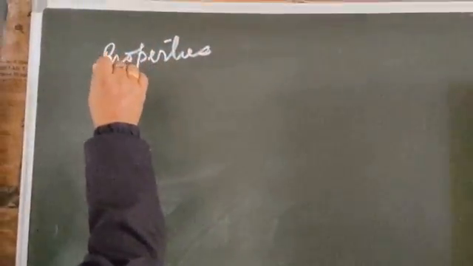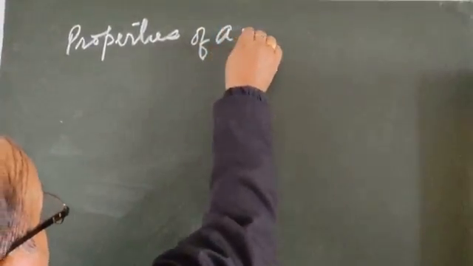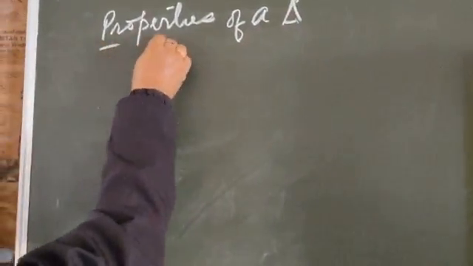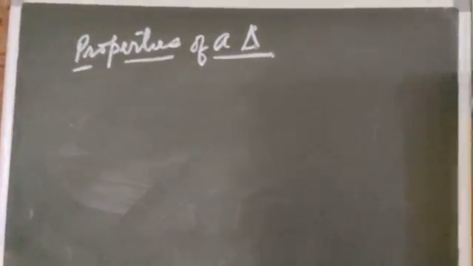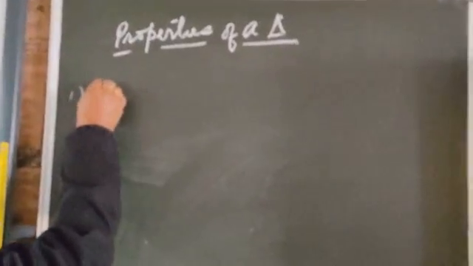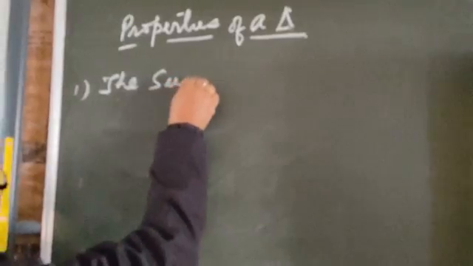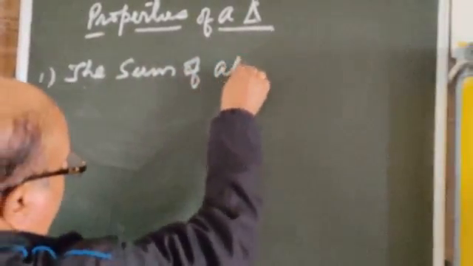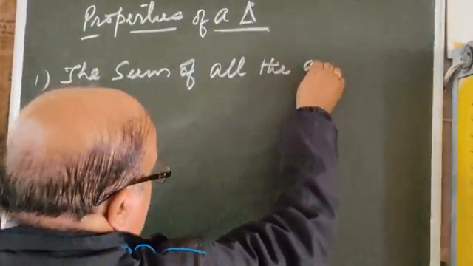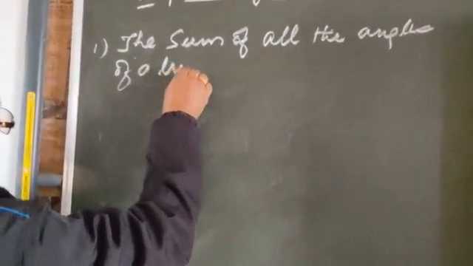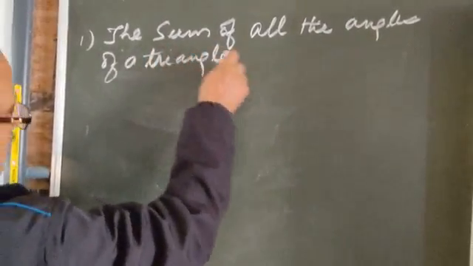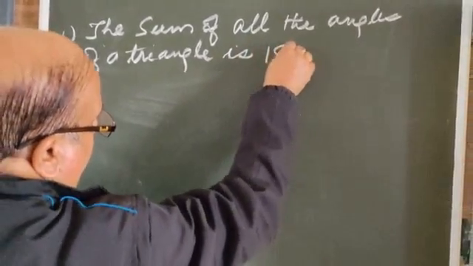First, the sum of all the angles of a triangle is 180 degree.